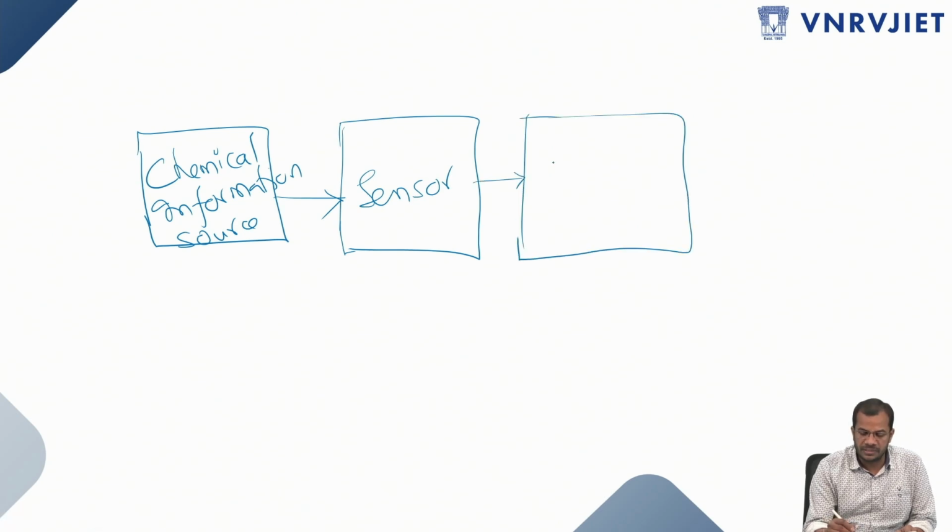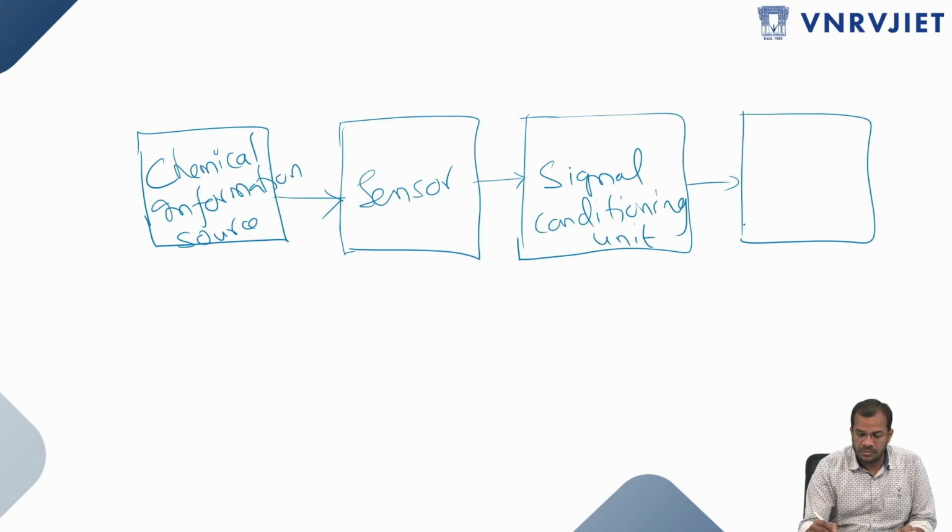And the third block is signal conditioning unit. And the fourth block is display unit. So these are the 4 important blocks of an analytical instrumentation.